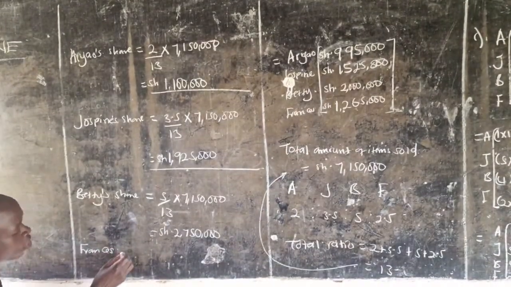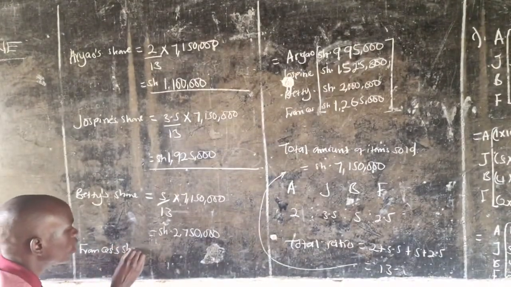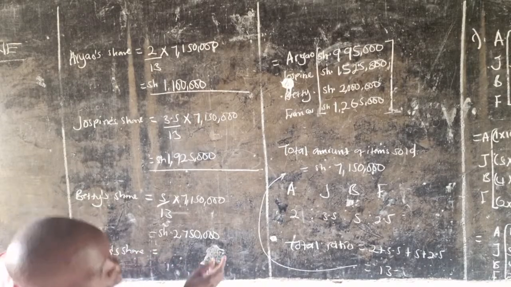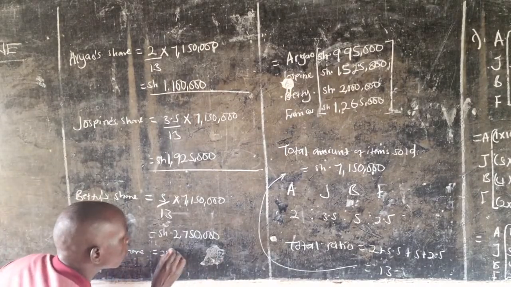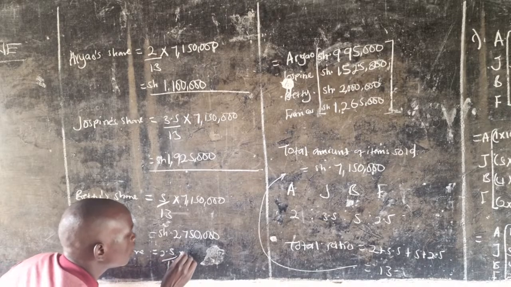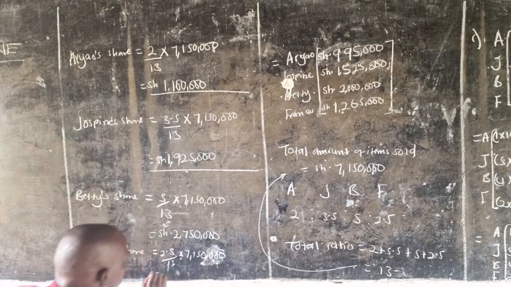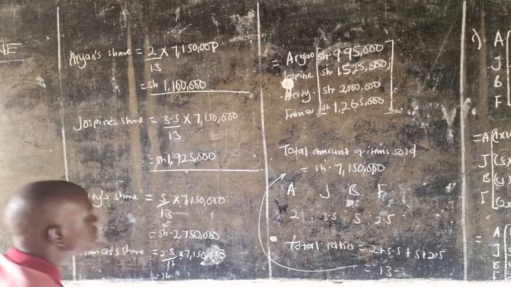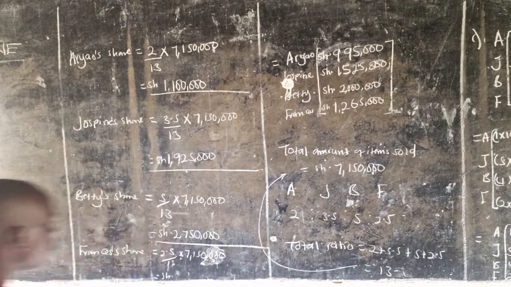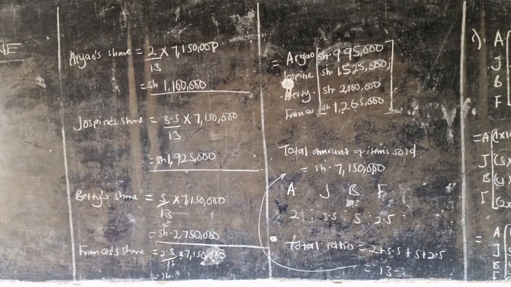Then finally we have Francis. Francis's share will be equal to the 2.5 over 13 times 7,150,000. This will amount to shillings. We have the 2.5 divided by 13 parts, then multiplied by the 7,150,000.